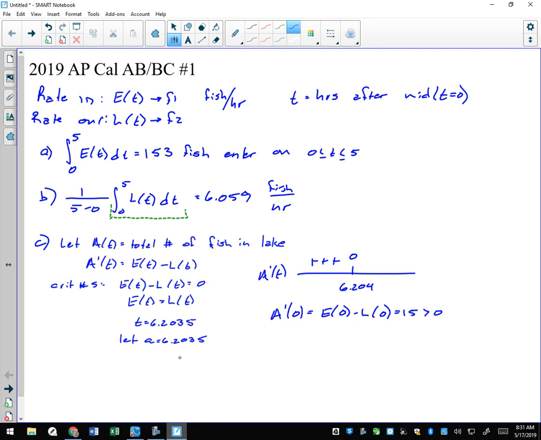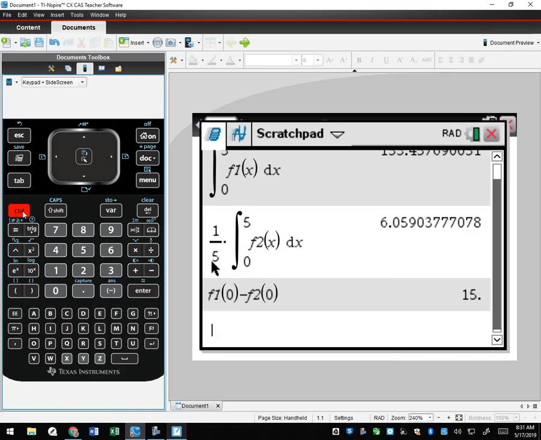I'm now going to test the right side, so I'll find A prime of, let's make that, 7. So E of 7 minus L of 7, and that's going to give me something negative, but I'll feel better if I find the value.